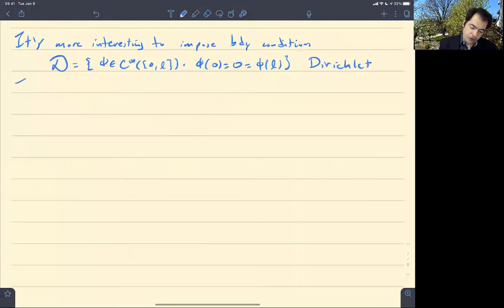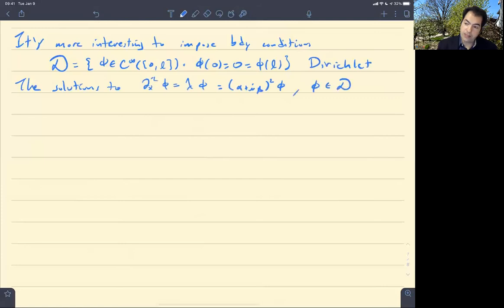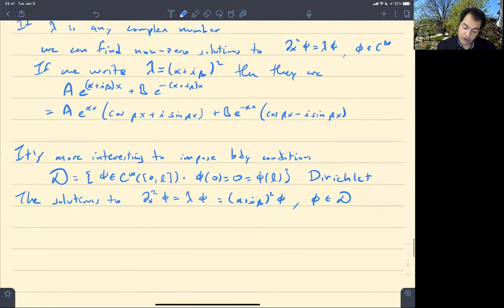So now the solutions to dx squared phi equal to lambda phi. Right, let's continue to write lambda as (alpha plus i beta) squared. But now I want phi in D. Well, now here's the general solution, but I need the function phi to be in this space, right?